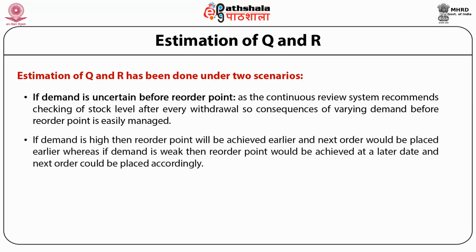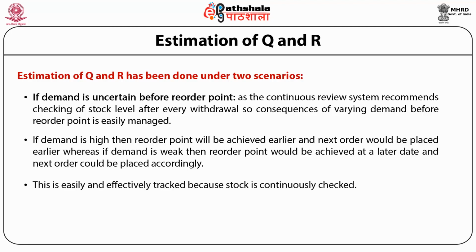If demand is high, then the reorder point will be reached earlier and the next order would be placed earlier, whereas if demand is weak, then the reorder point would be reached at a later date and the next order could be placed accordingly. This is easily and effectively tracked because stock is continuously checked.